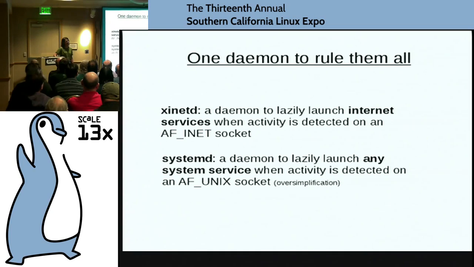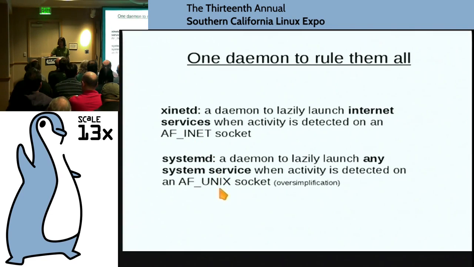Systemd's design involves lazy initialization of services based on socket activation. And so for years, as I think Rick pointed out the last time I gave this talk, we've had xinetd, which is a daemon that started TFTP or started SSH when a regular Unix inet socket was probed by a connected device.